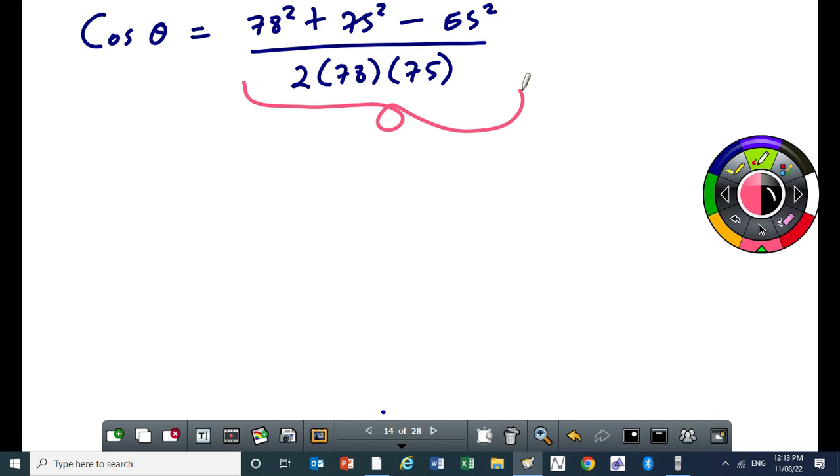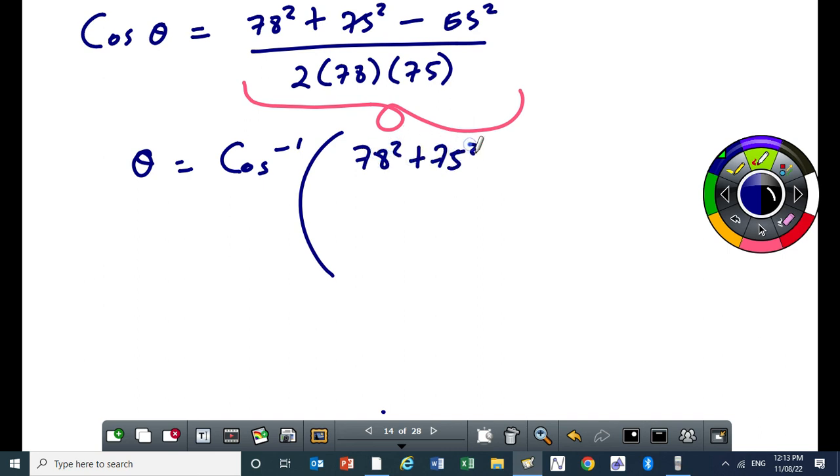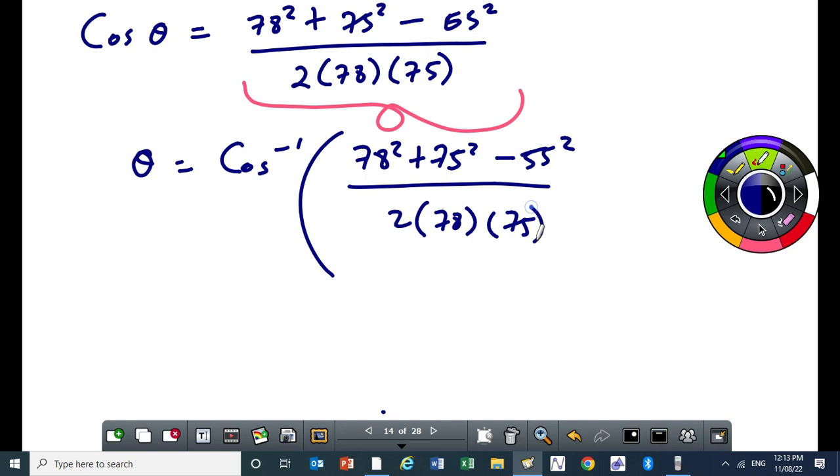Everything on the right hand side is a ratio. You don't have to stress. So this will be theta equal to shift cosine of 78 squared plus 75 squared minus 55 squared, all over 2 times 78 times 75.